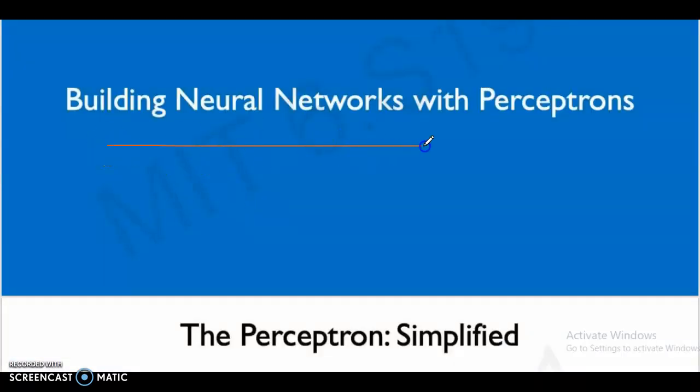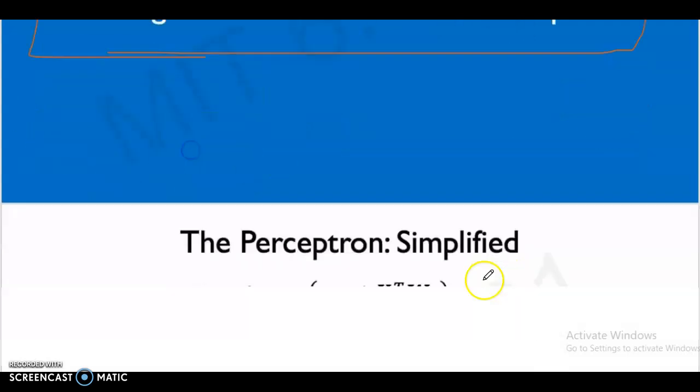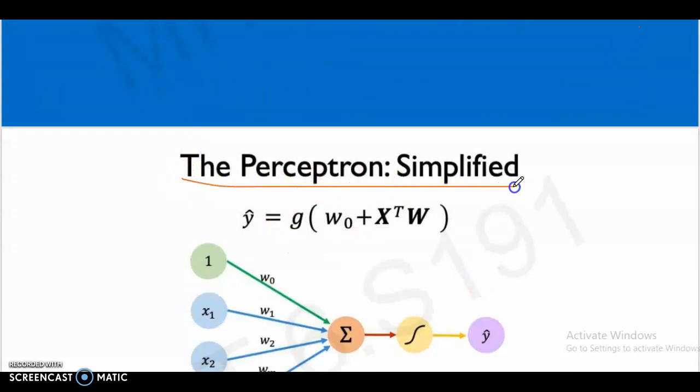Building neural networks with the perceptron. The perceptron simplified: y cap equal to g of w naught plus x transpose w.